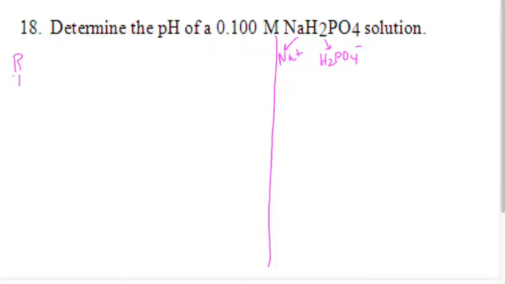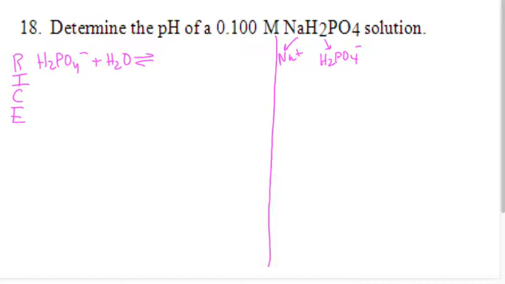So if I were to start my rice table, I would start with H2PO4 minus. This is going to cause some issues. This is a diprotic anion. When I add water to this, like we're supposed to, what's going to happen? So you're saying the H2O is going to donate to make H3PO4?